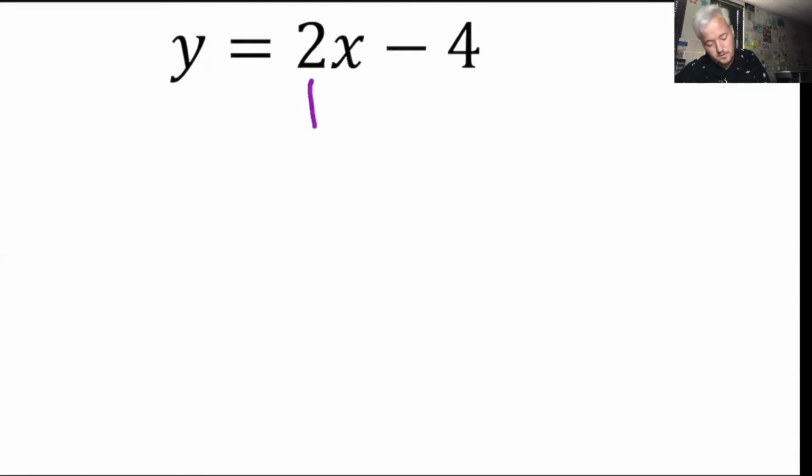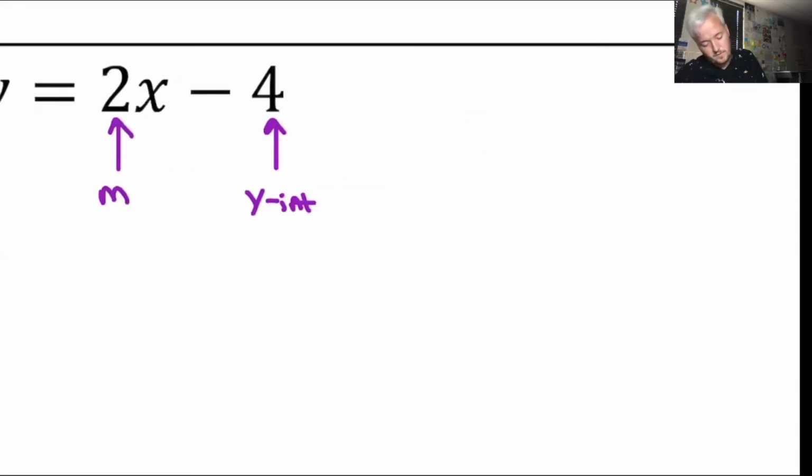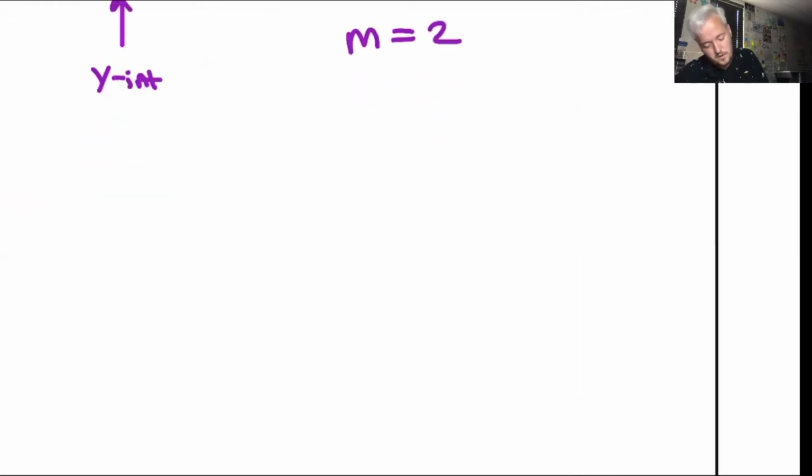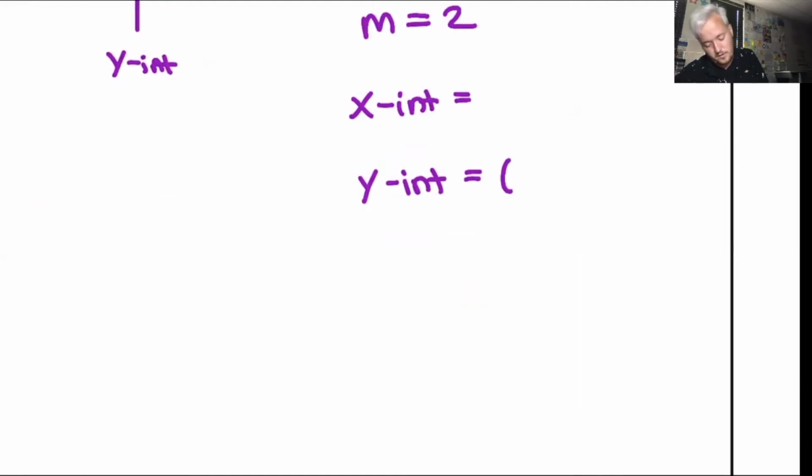Our slope is the number in front of the x, and our y-intercept is right here at the end. So I'm going to write it over here. So my slope is just 2, I still got to find the x-intercept, but I do have the y-intercept, which is -4, so it's 0, -4.